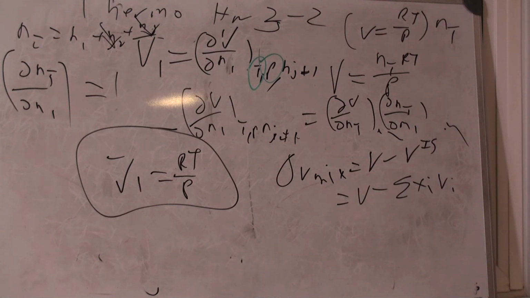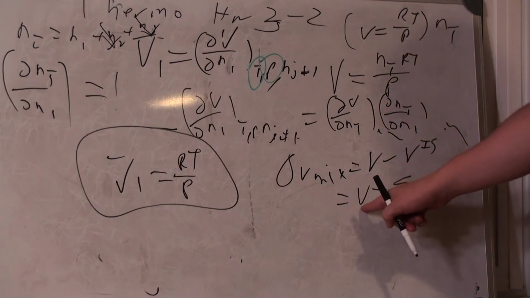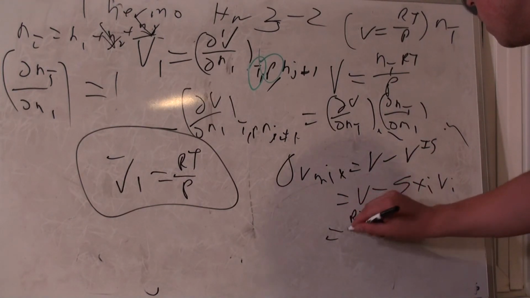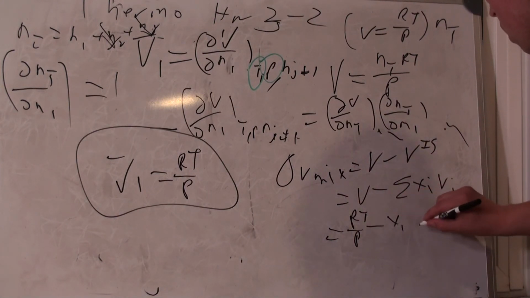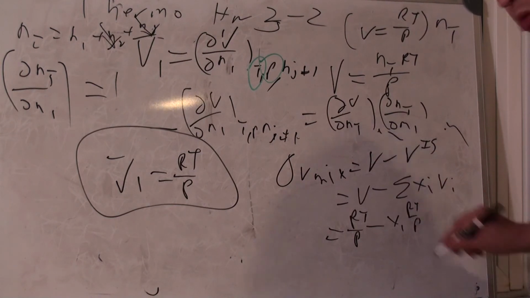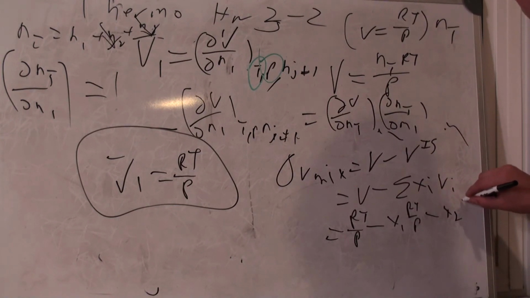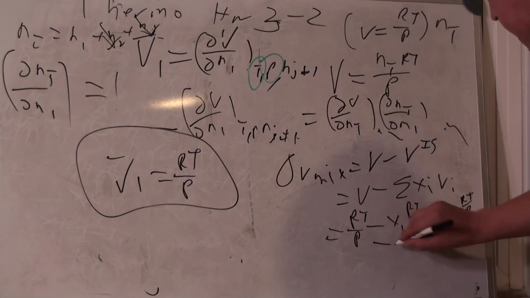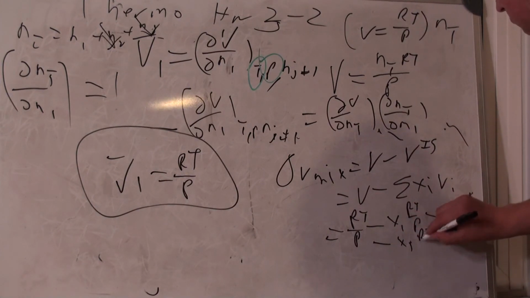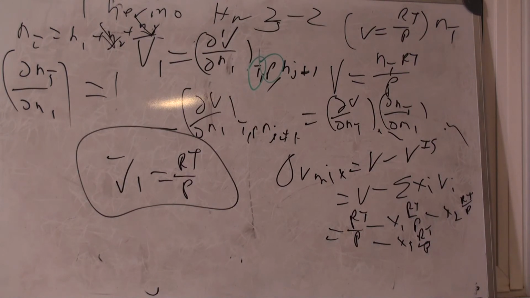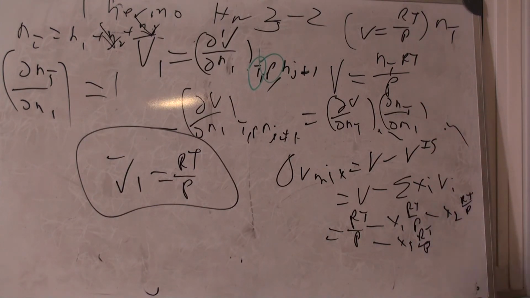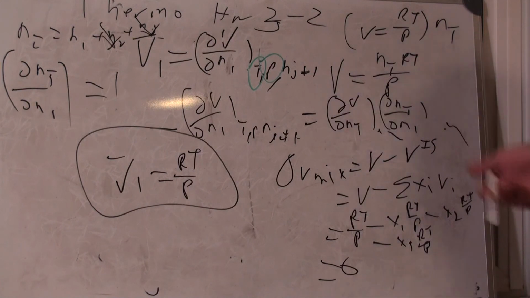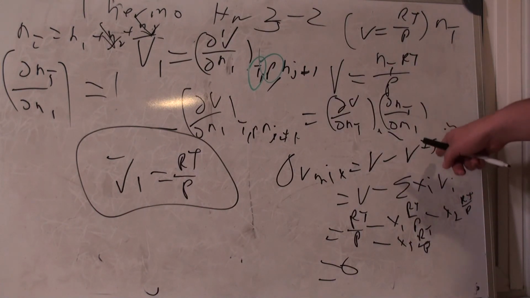Well, V is RT over P, already established that, minus X1 RT over P, minus X2 RT over P, minus X3 RT over P. Well, what's X1 plus X2 plus X3? 1. So that's RT over P minus RT over P, which is 0. Meaning an ideal gas is an ideal solution.